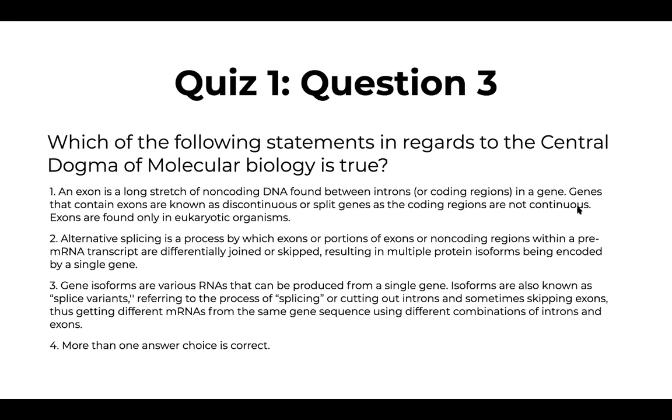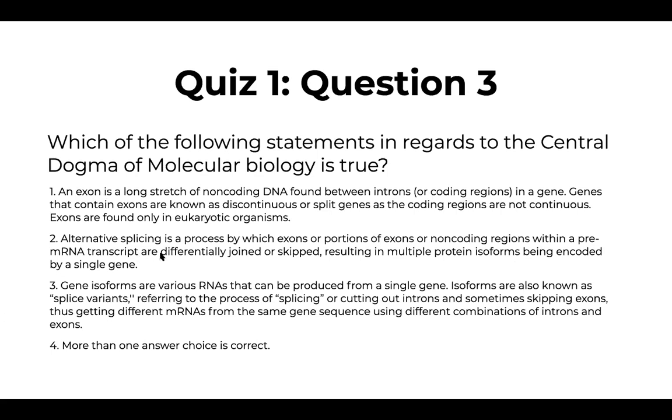Okay, so many of you have answered number 3. Some of you, or many of you, also have answered number 4. So let's see, why is number 1 incorrect? An exon is obviously the coding region and the intron is the non-coding region. Okay, so number one is not true.